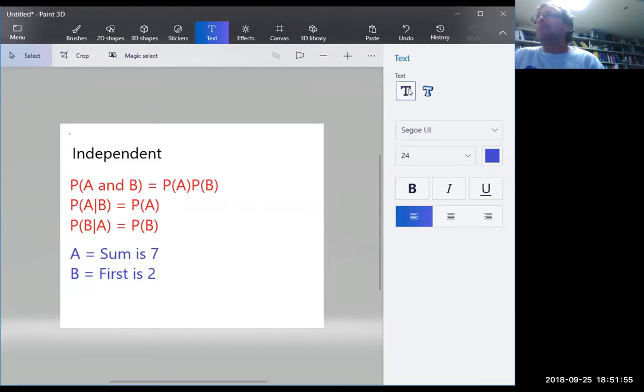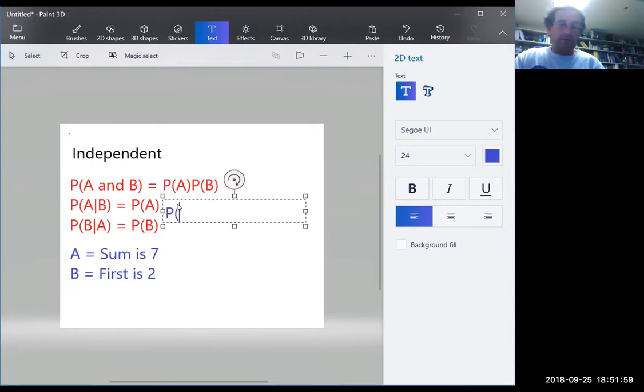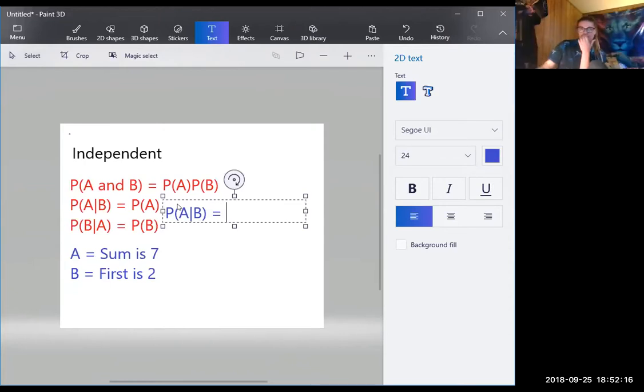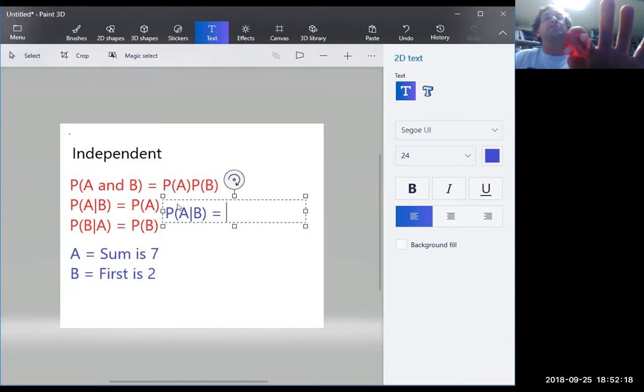Let's find out what the probability of A given B is. So first, in words, what that means is that I tell you B, I tell you that that's the first die roll. Do you see that? That's given. Given means I just told you.